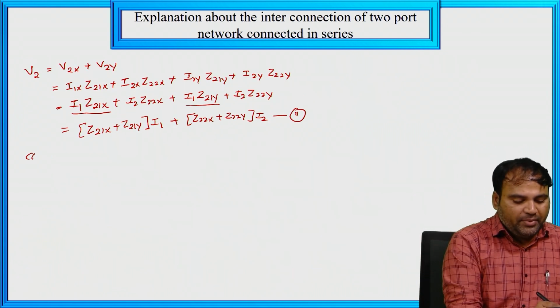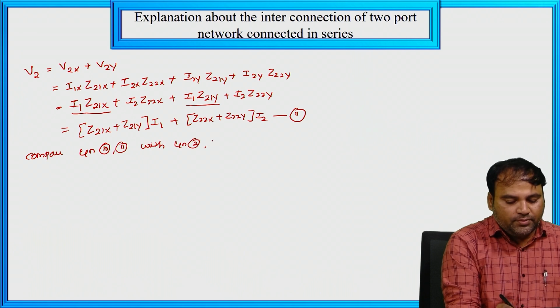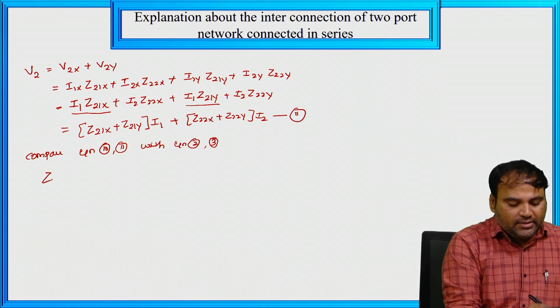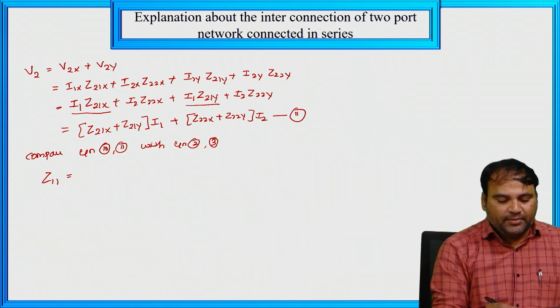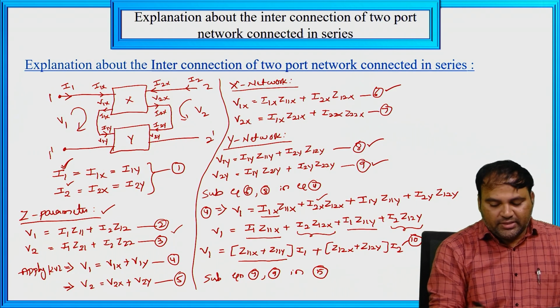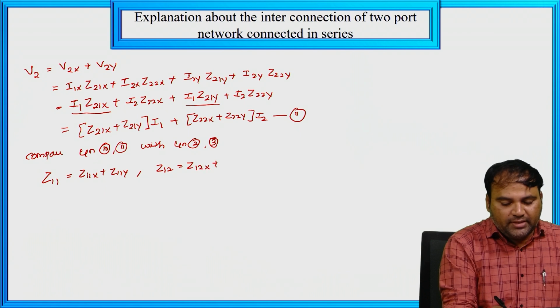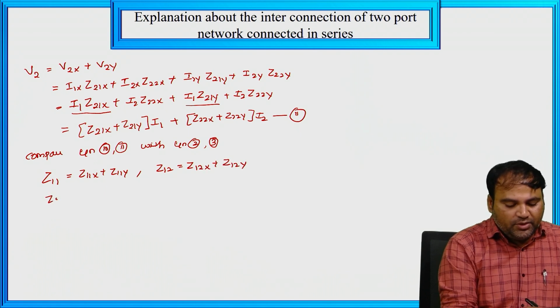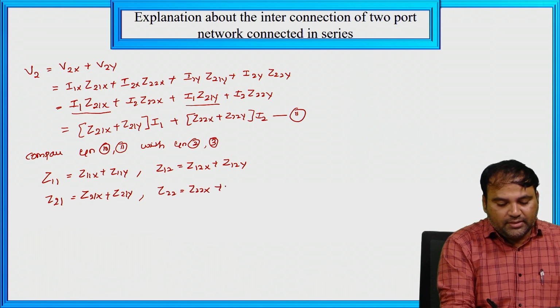So we get Z11 equal to Z11x plus Z11y, Z12 equal to Z12x plus Z12y, Z21 equal to Z21x plus Z21y, and Z22 equal to Z22x plus Z22y.